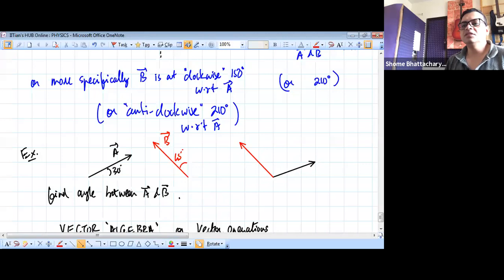So I'll just pick these two vectors up and draw them from this common place. So I can now see that this angle is 45 degrees, and this angle is 30 degrees. So the angle between these two becomes 180 minus, yes, so it becomes 105 degrees.